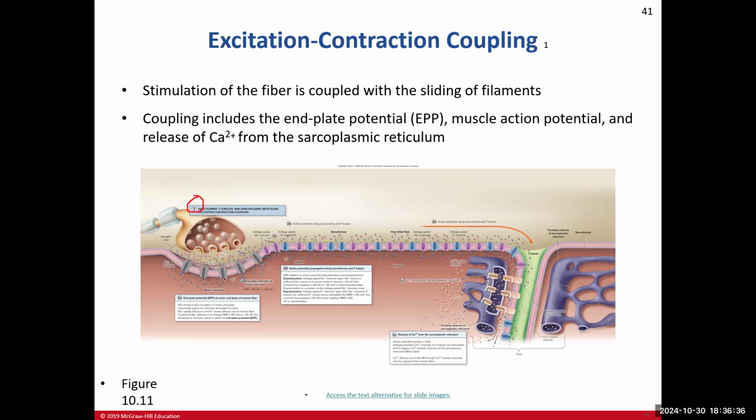Essentially, we're going to generate, hopefully, an action potential at the neuromuscular junction, and it is going to transmit its nerve signal along the sarcolemma down into the T-tubules. Then it's going to stimulate the opening of these other gated channels that we learned about last class to release calcium into the sarcoplasm.